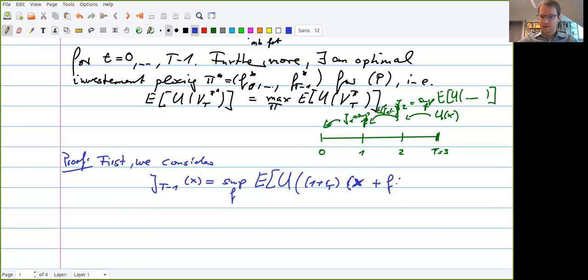I split based on my decision rule, my capital, and I invest this into the d risky assets, so I multiply with the discounted returns. This is the first thing I want to maximize.